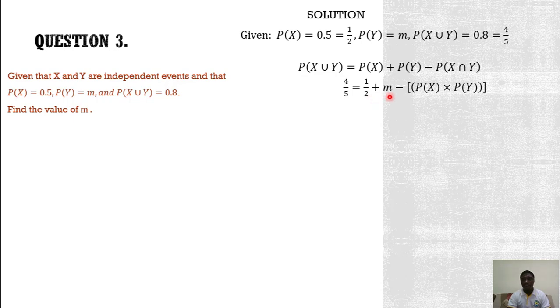Probability of X equal to 1/2 plus probability of Y, which is given as M, minus, then you do expansion here, probability of X times probability of Y, of which you know already.